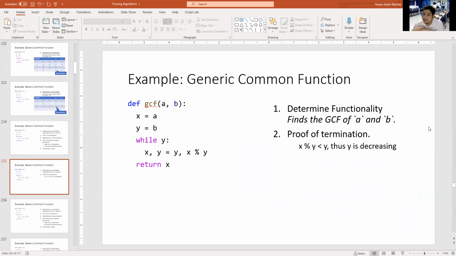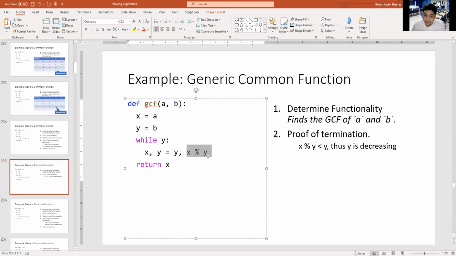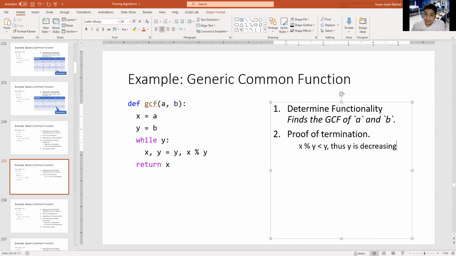So next will be yung proof of termination. So dito hindi siya as straightforward as kanina. We have to evaluate anong nagiging value ni y. So y always becomes x modulo y. And then you can actually say x modulo y is always less than y.